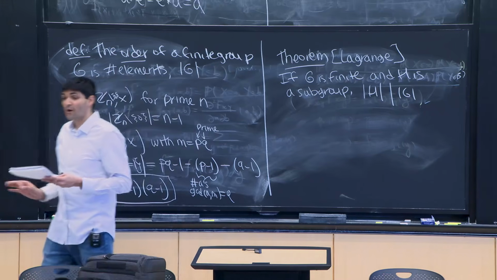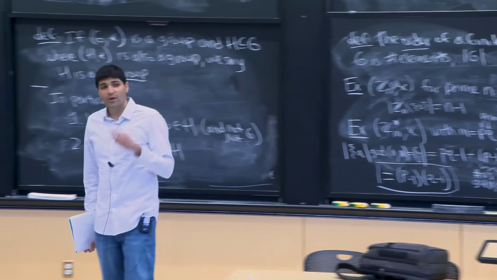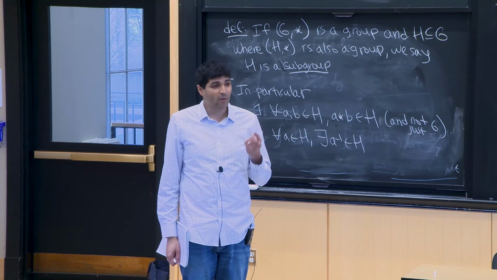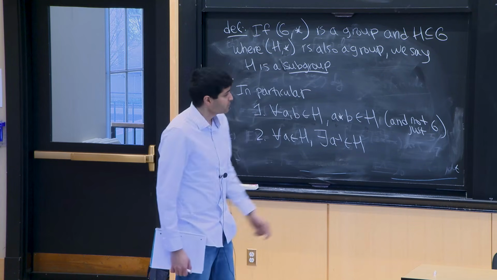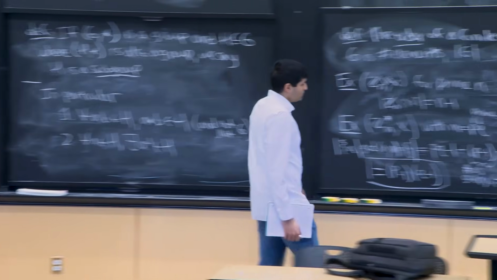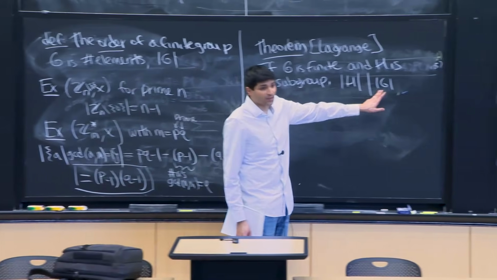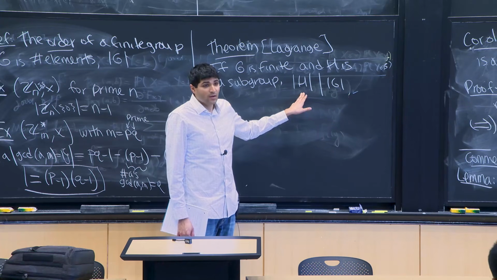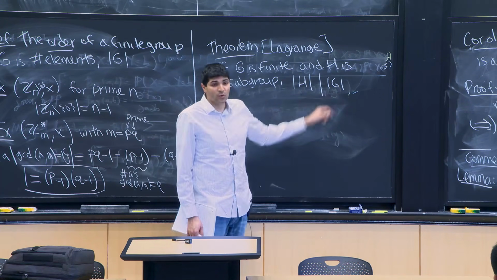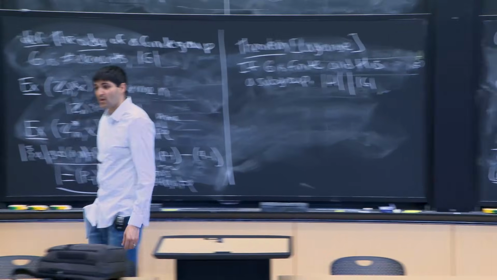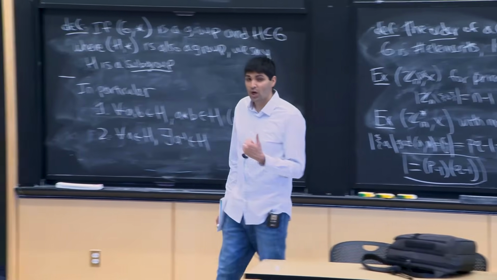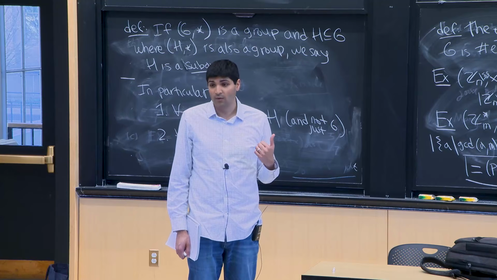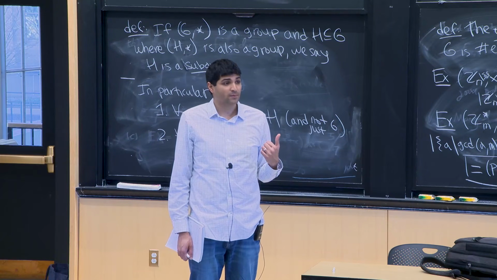This is why we care about orders already. When you tell me the group and you tell me the order, how many elements belong to this group, that imposes some restrictions on what kinds of subgroups you can find. If my original group is of order 6, this tells me no matter where I look, I cannot find a subgroup of order 4 because it wouldn't divide it.